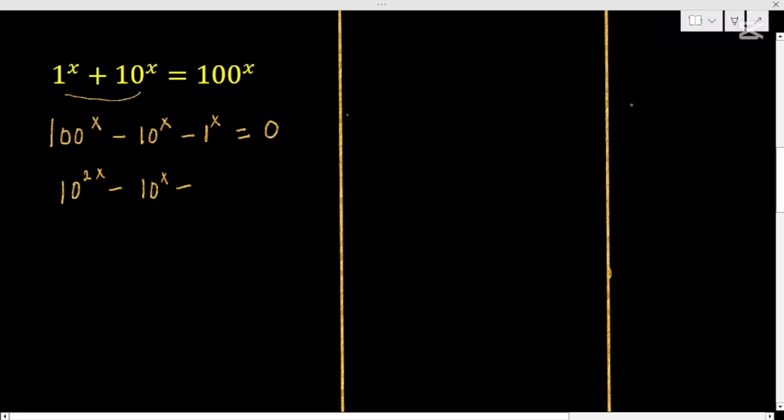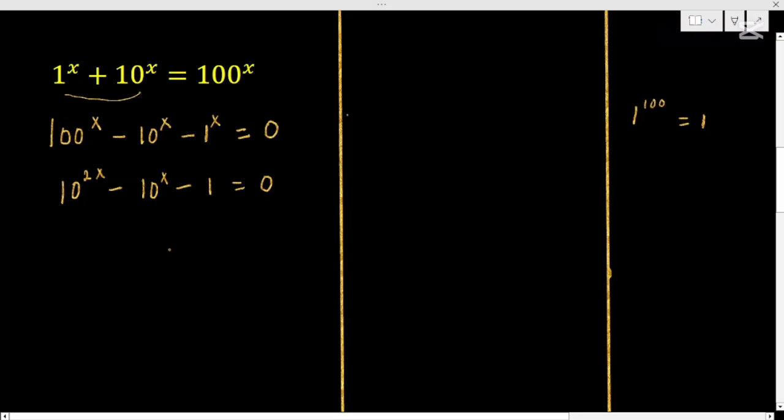Take, for example, 1 raised power 100 is still 1. 1 raised power 1 million is still 1. So instead of writing 1 raised power x here, we just keep it as 1, equal to 0. Now, what do we do next?